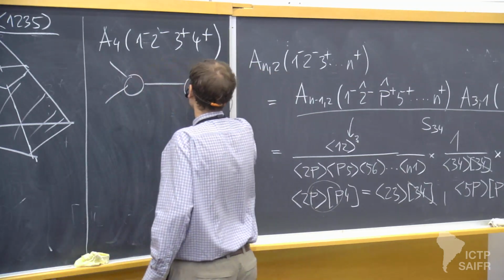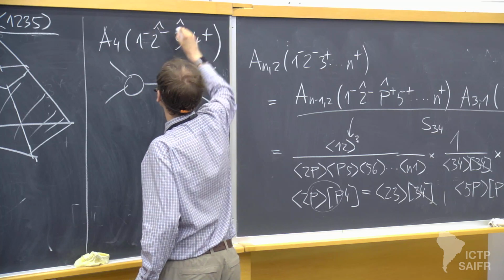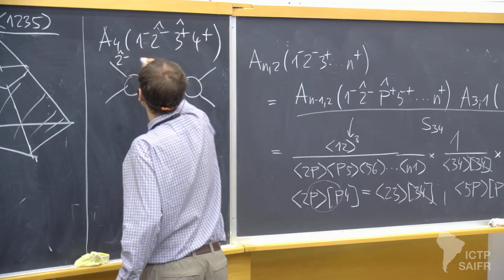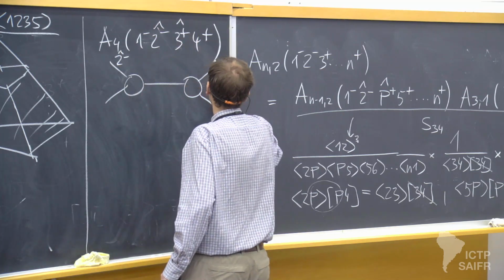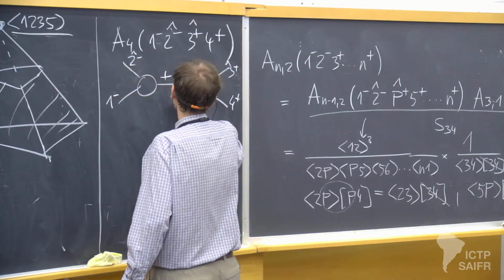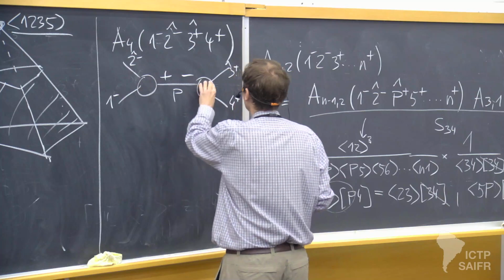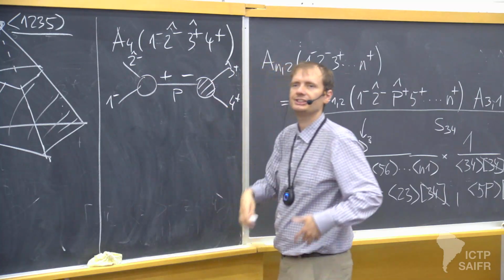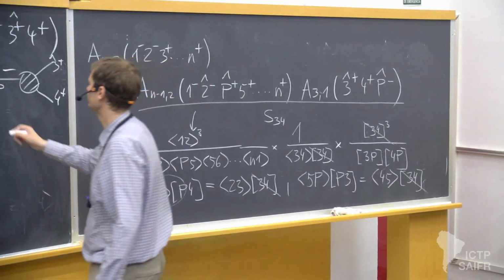Remember, for the 2-particle shift, we had this diagram. So it's exactly the same diagram for gravitons. The only thing is that these 3-point amplitudes are graviton amplitudes, so they are squares of the gluon amplitudes.